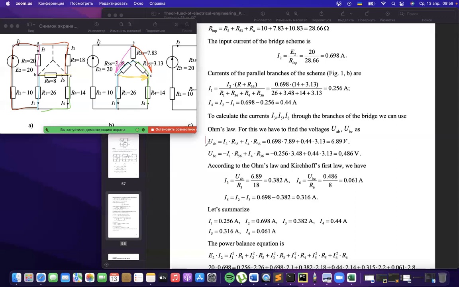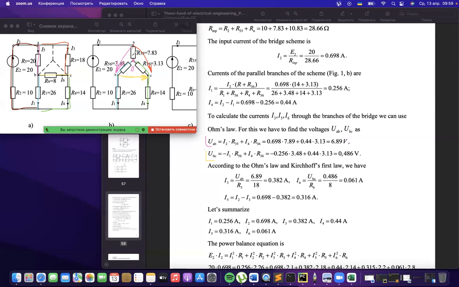We are looking for voltage AB and BC. In our star case, how to find voltage AB? Let's point the central point, for example, as O or 0.